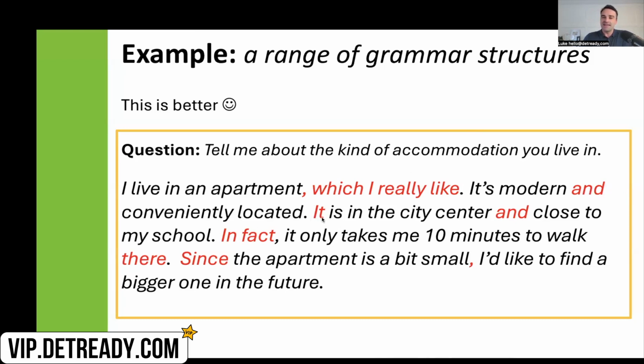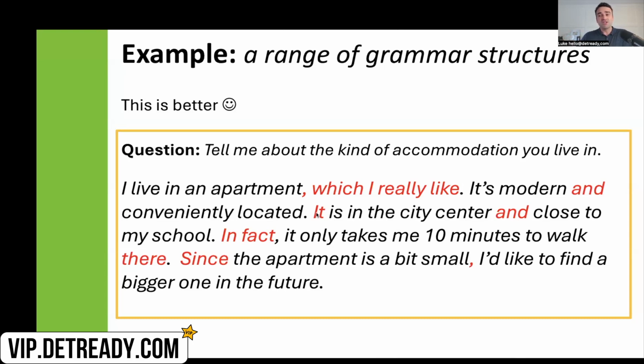'It.' What word is it here? What am I referring to? What does it mean right here? Yeah, it means my apartment, which is the reference. So using a reference like 'it' makes it sound easier. If I said here, my apartment is in the city center, it sounds a bit strange because I've already mentioned it here.